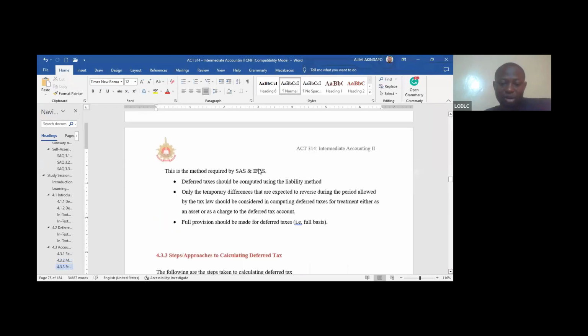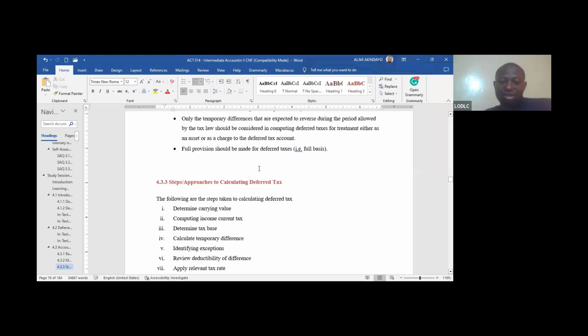So then what are the steps or approaches to calculate deferred tax? The first thing is we determine our carrying value.